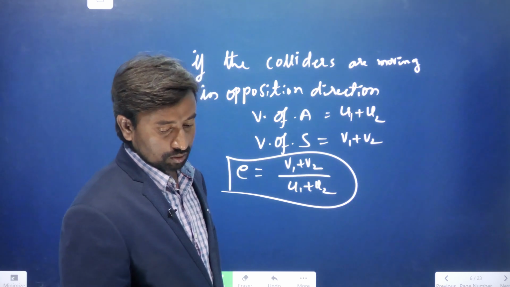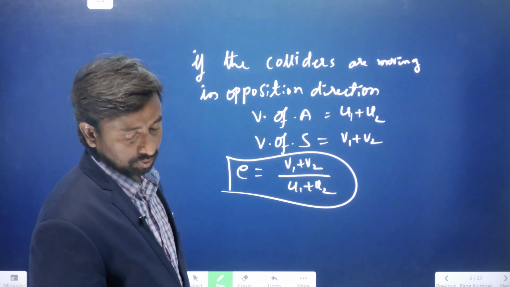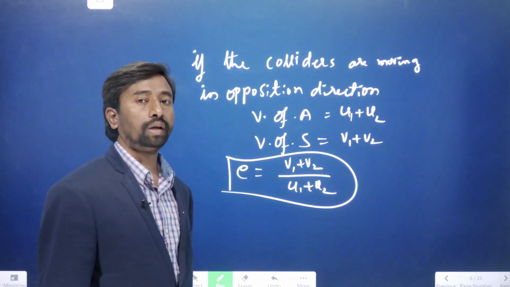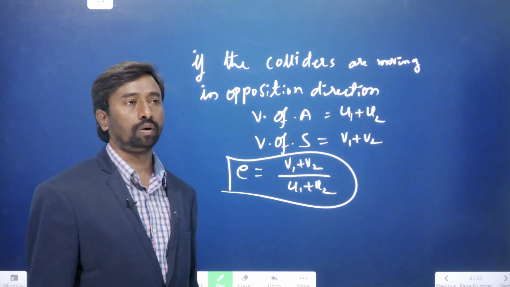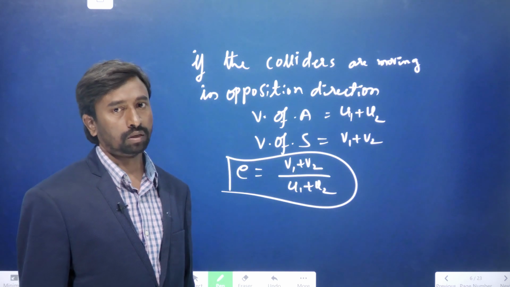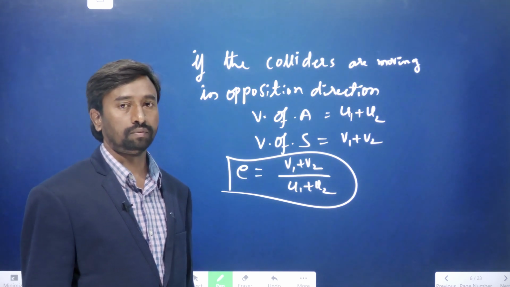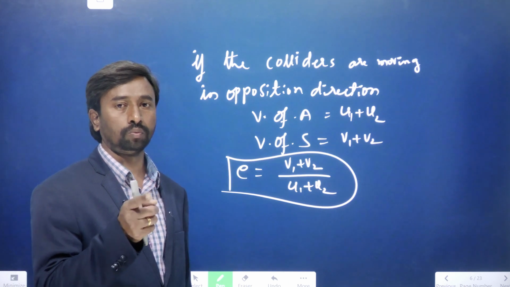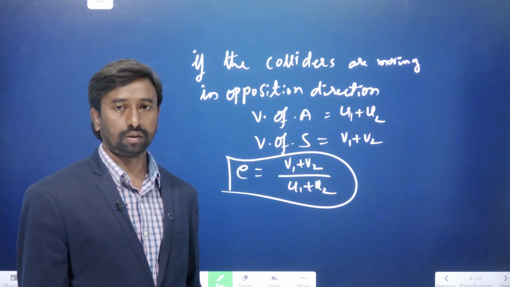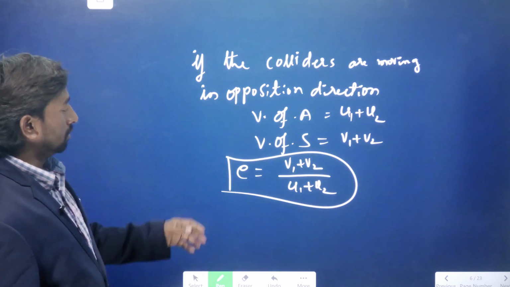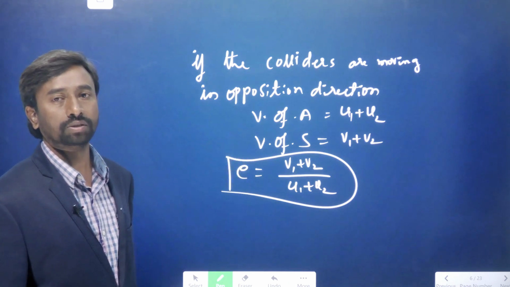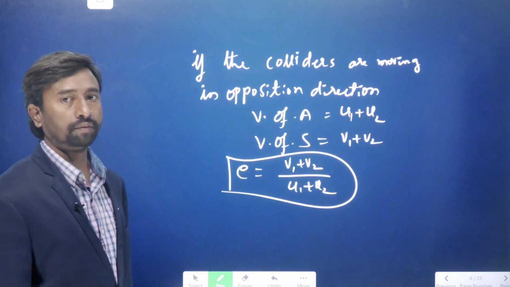Now, in inelastic collision, we need the velocity of the first body after collision and the velocity of the second body after collision. In perfectly elastic collision, we got the equation v1 is equal to m1 minus m2 divided by m1 plus m2 into u1, plus 2 m2 divided by m1 plus m2 into u2. Now in inelastic collision, what will be the velocity of the first body after the collision?